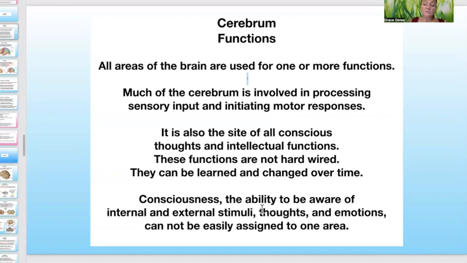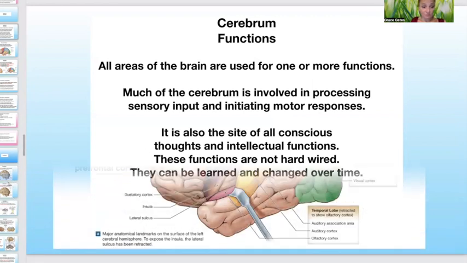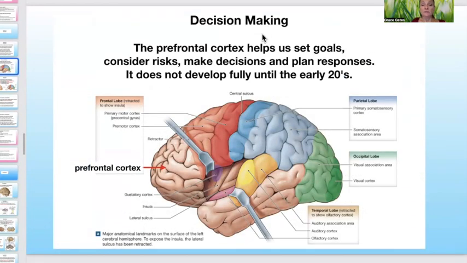Consciousness, the ability to be aware of internal and external stimuli, thoughts, and emotions, cannot be easily assigned to one area of the cerebrum. Decision making is an interesting function of the cerebrum. The prefrontal cortex helps us to set goals, consider risks, make decisions, and plan responses.